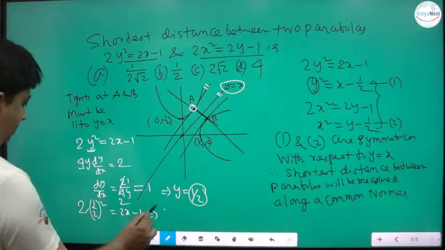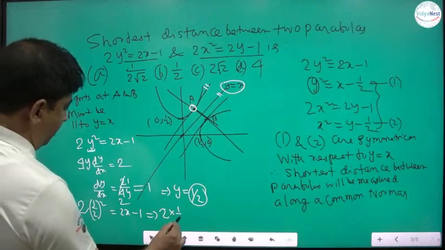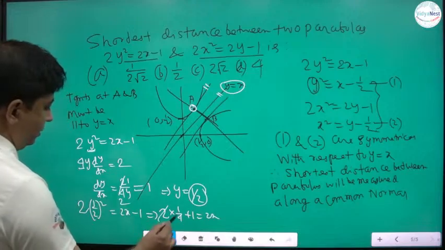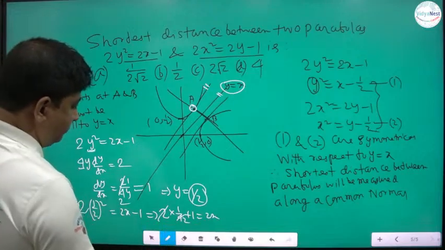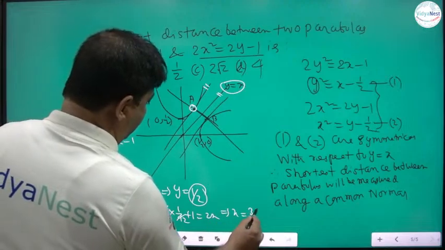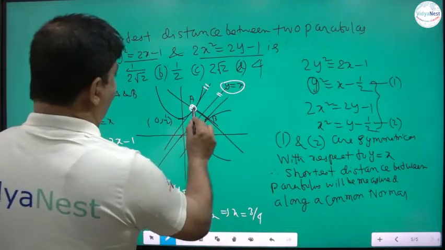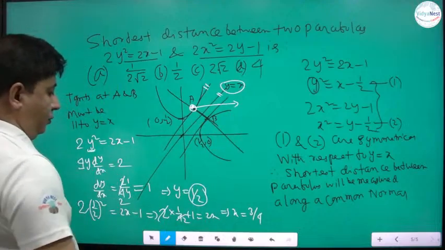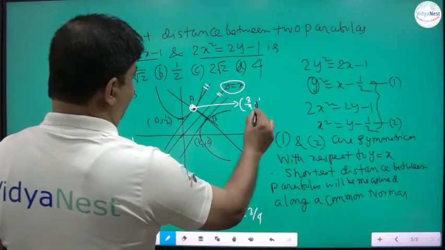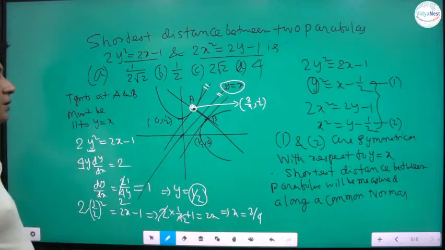See, 2 into 1/4 plus 1 is equal to 2x. Cancel it. 3 by 2. So x is 3 by 4. So the point A we can allocate 3 by 4 comma half.